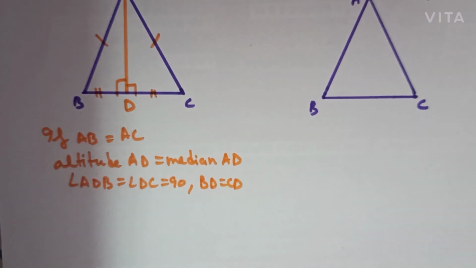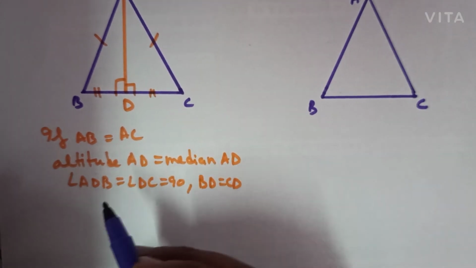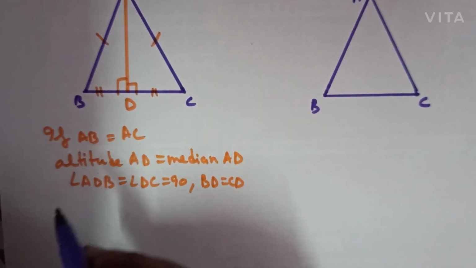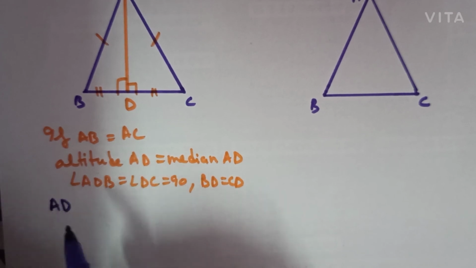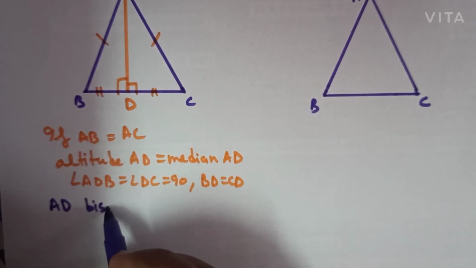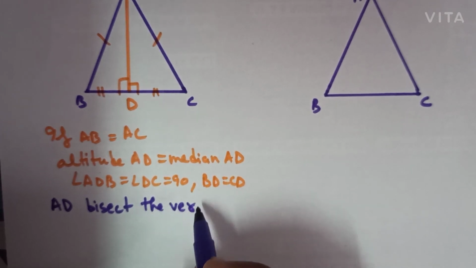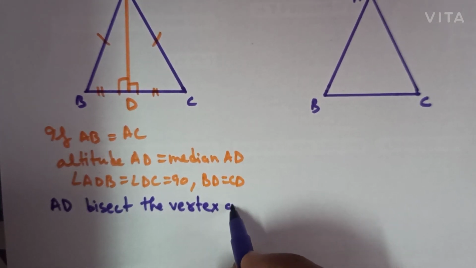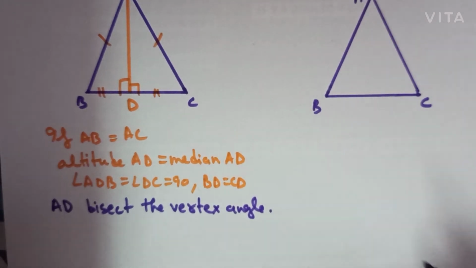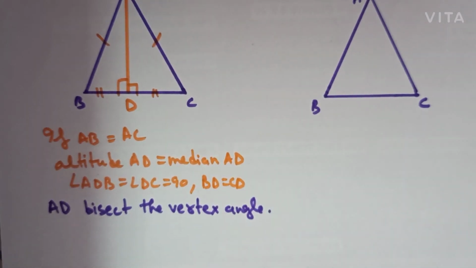One more point to be noted is that the altitude or the median AD bisects the vertex angle. Although this property is not in the NCERT, so we are not going to use it in the questions, but you can use it also. This is also a property of an isosceles triangle.